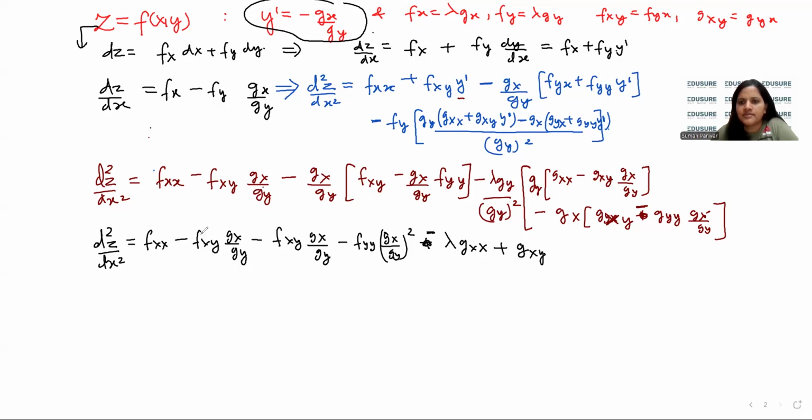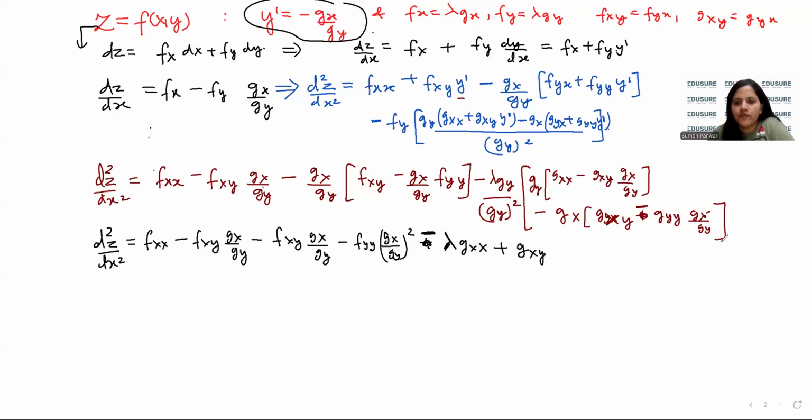So this is a gy and this gy will get cancelled out, and then here we will have gxy. So we will have minus plus gxy. This gy and this gy will cancel out each other.